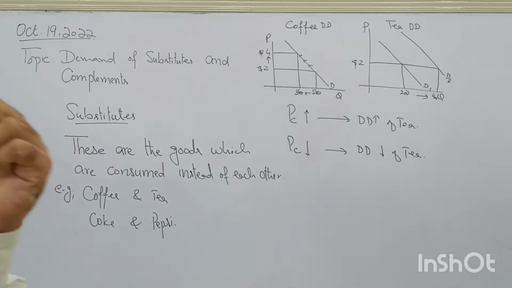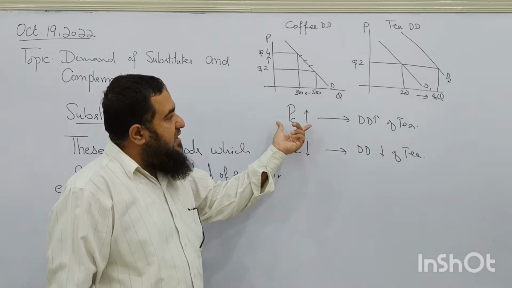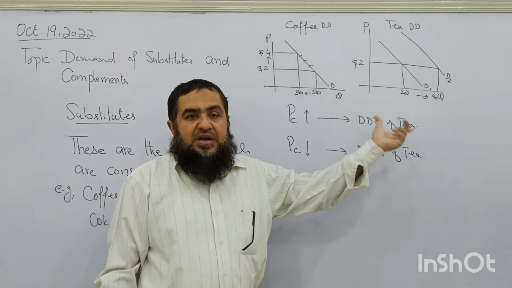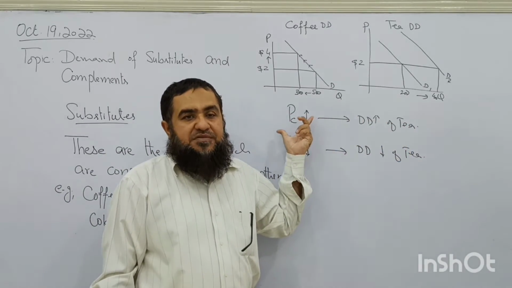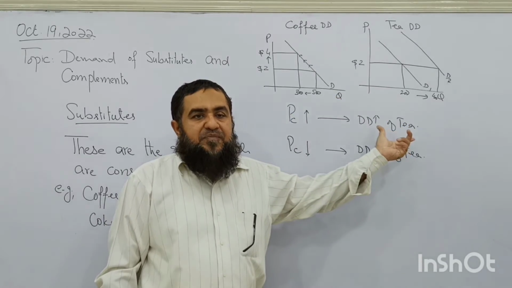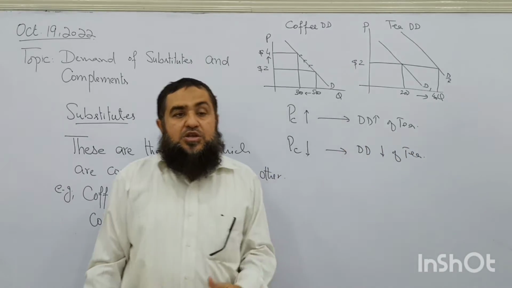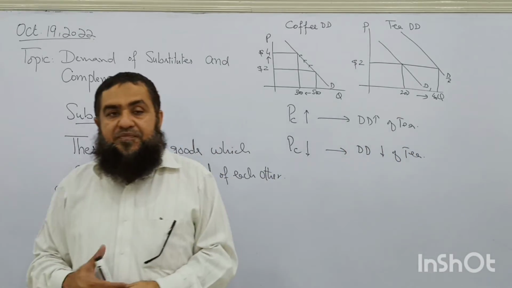The two goods in study will be substitutes if the relationship between the price of one good and demand of other is positive. Like price of coffee is increasing, so demand of tea will increase. When price of coffee falls, demand of tea will also fall.